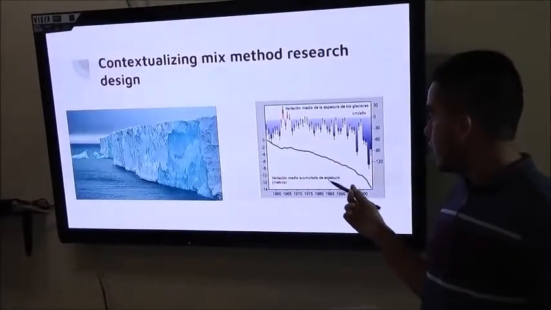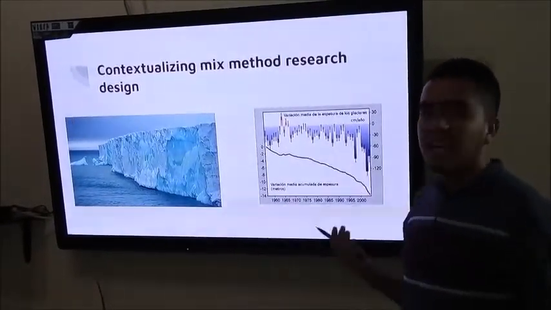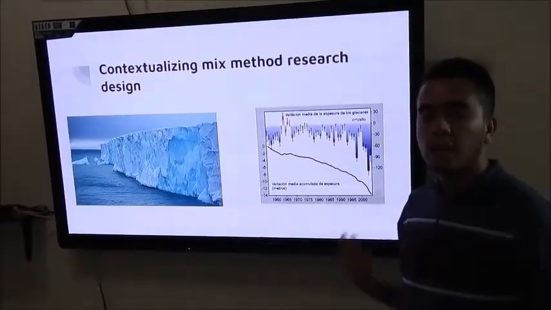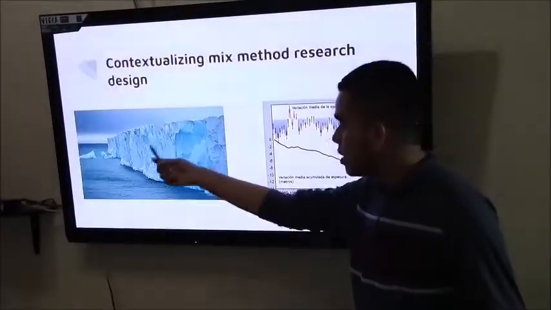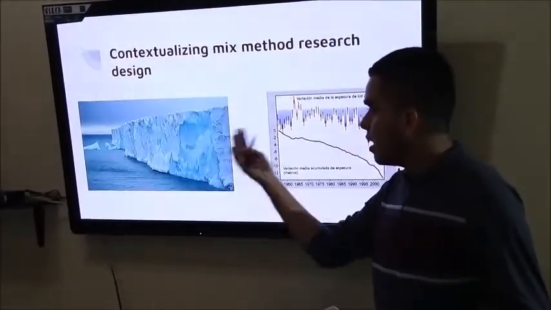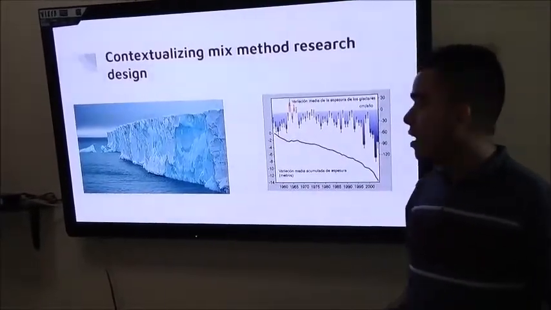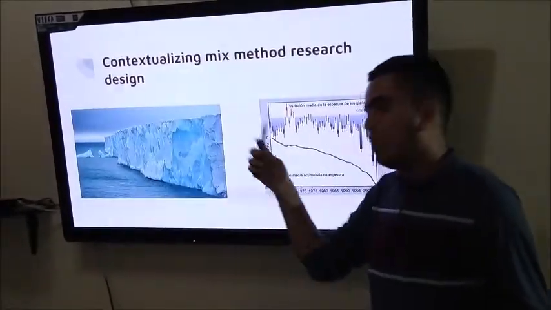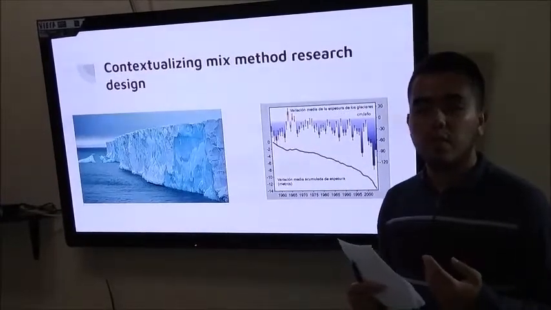In this case we are taking this image to represent the numerical and statistical part of understanding the problem of how glaciers have been reduced due to global warming. And then we can see pictures demonstrating the real state of glaciers around the world. So we are combining quantitative and qualitative information to understand a topic better.